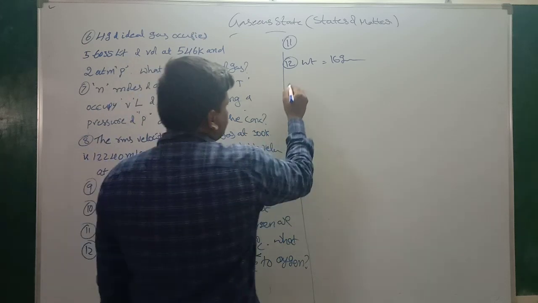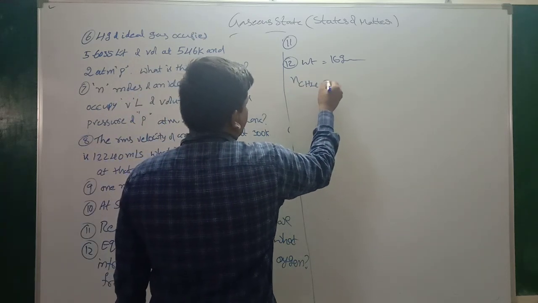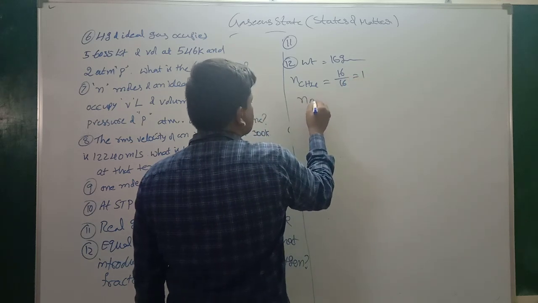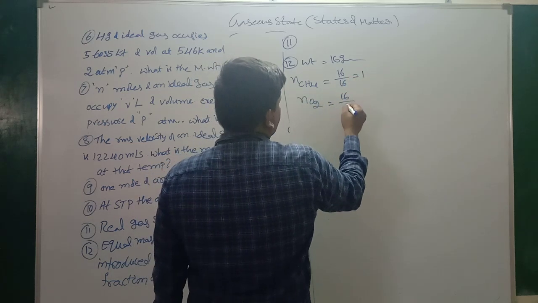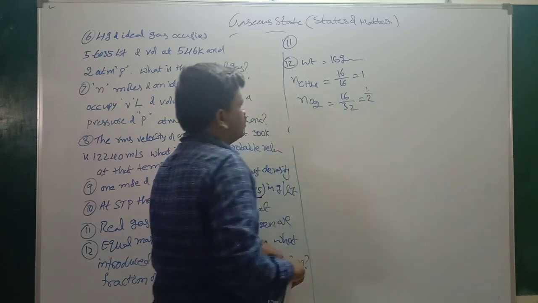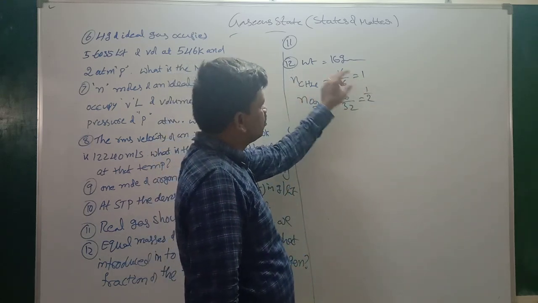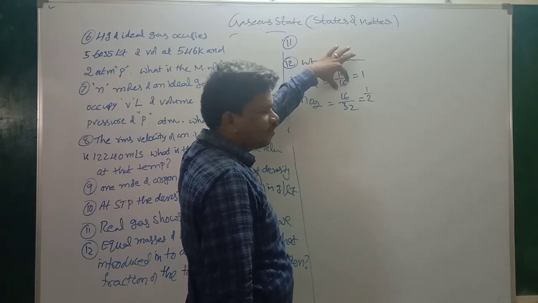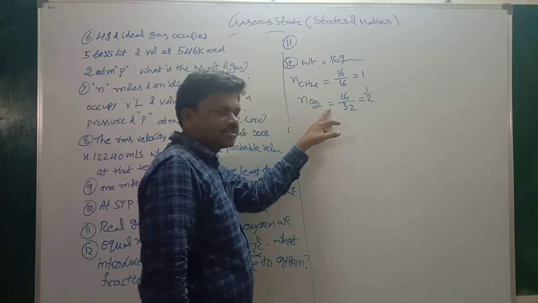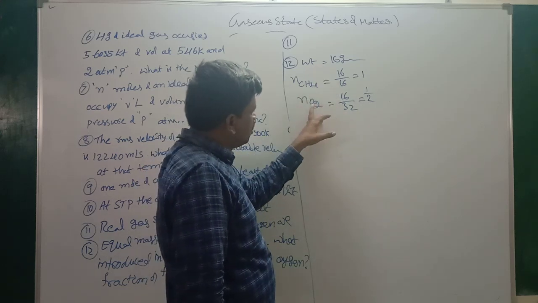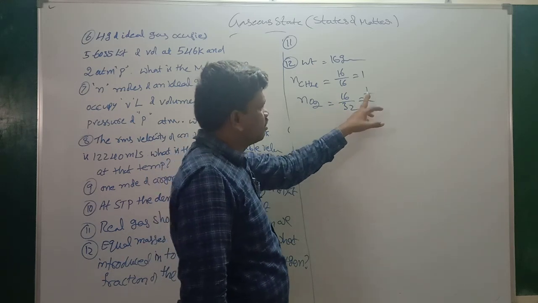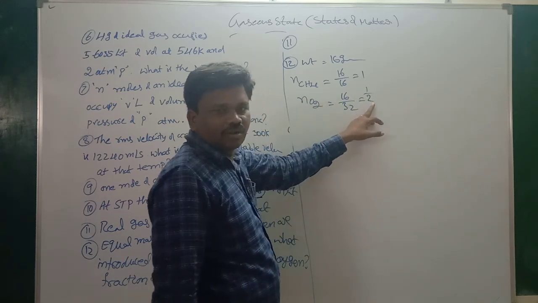Number of moles of methane equal to weight by molecular weight, and number of moles of oxygen equal to weight by molecular weight. Number of moles of methane equal to weight 16 grams by molecular weight of methane 16, then it is equal to 1. Number of moles of oxygen: weight of oxygen 16 grams and molecular weight 32, then number of moles of oxygen is equal to 1 by 2.